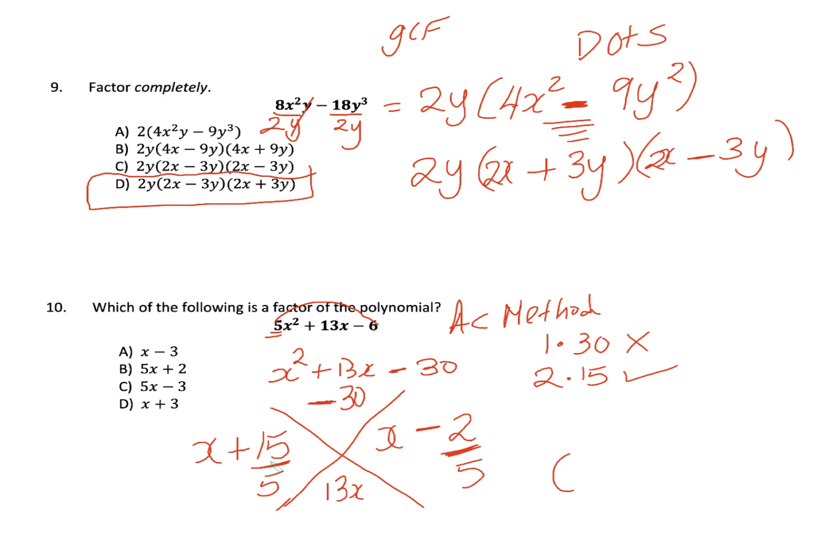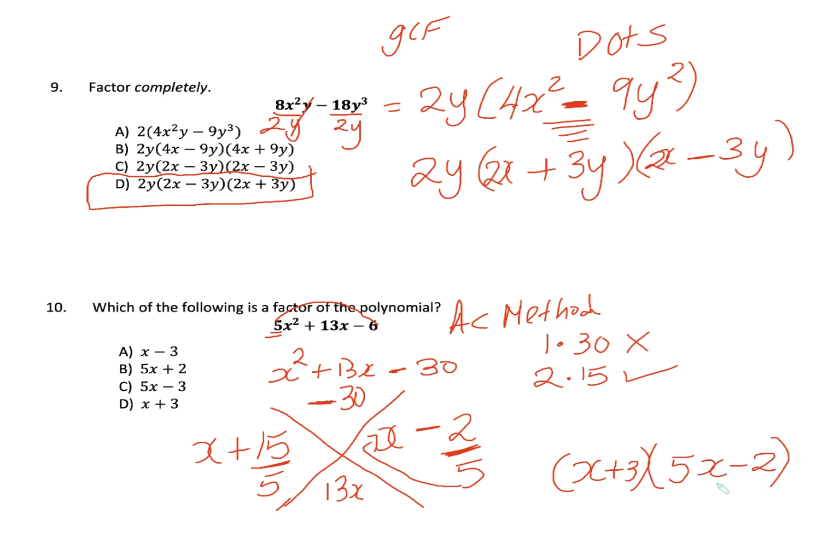Now 15 divided by 5 will give me 3. So this is actually x plus 3. Well, over here, this is not going to divide evenly. So you see this 5 is going to go right here and stick itself onto the x. So that becomes 5x minus 2.